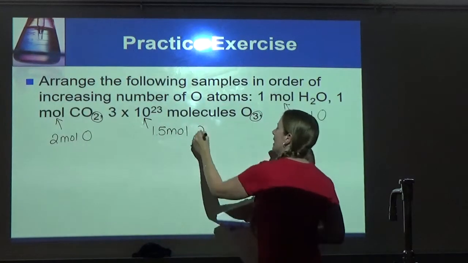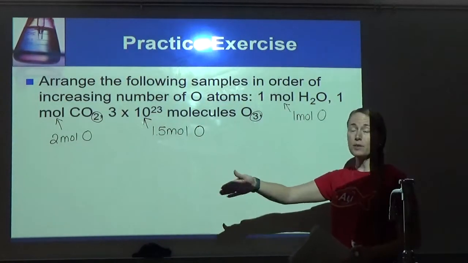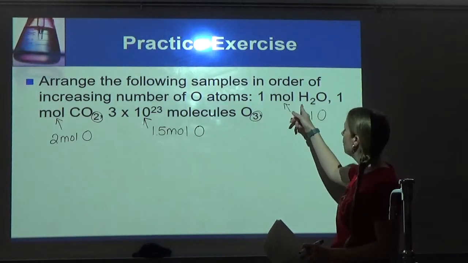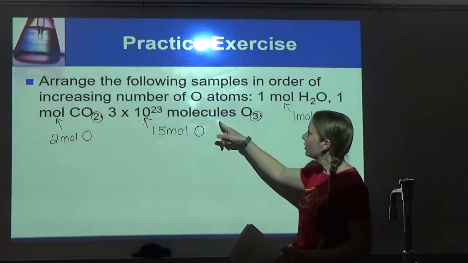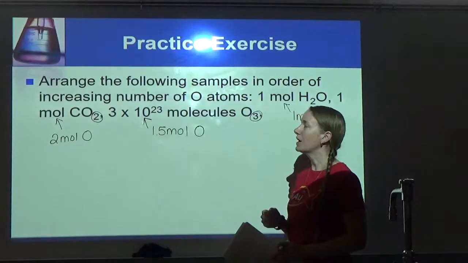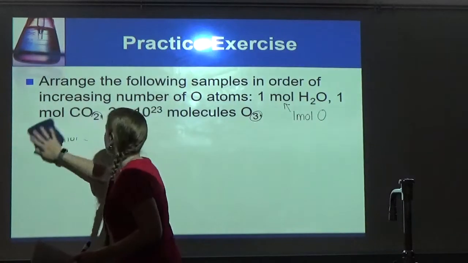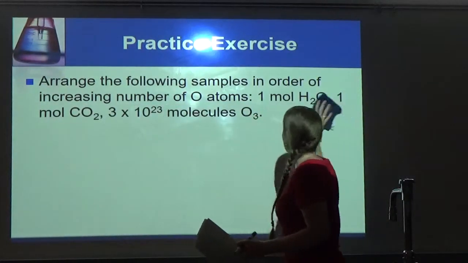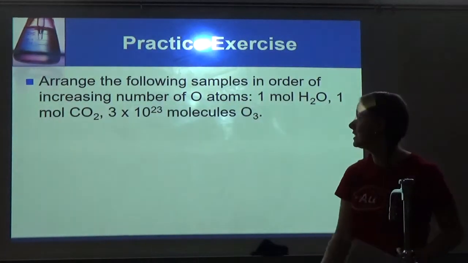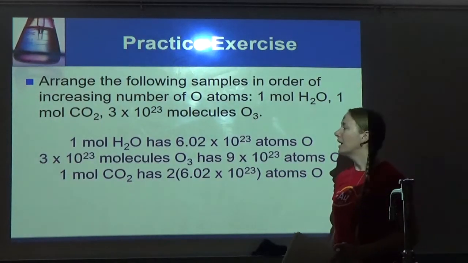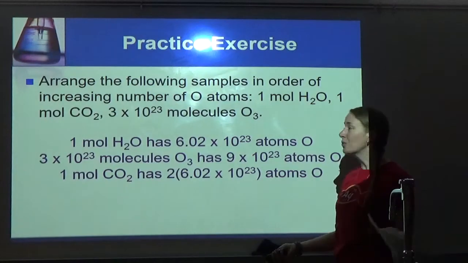Once I compare them all with moles, I can see that the lowest amount would be the water, second would be the O3, and the highest amount of oxygen would be the CO2. Hopefully that wasn't that difficult. Just like I said, make sure you pay attention to subscripts. And again on here, all I did was change it to atoms instead of moles. Either way works.